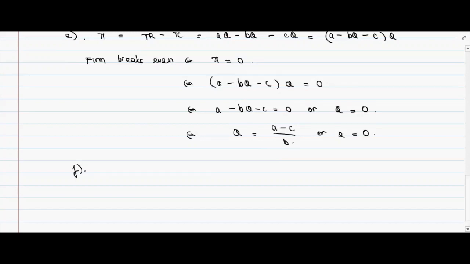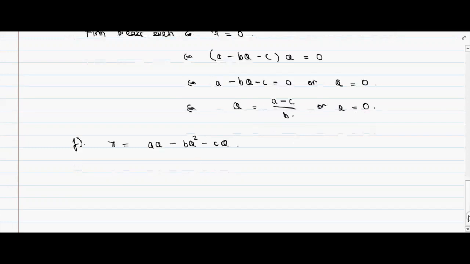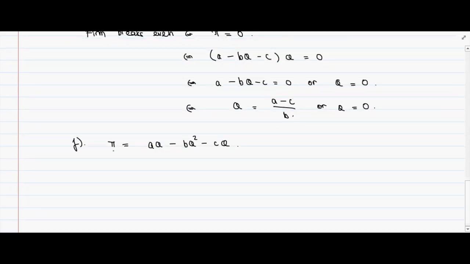Okay, so part F shows that the firm maximizes profits by producing output Q star equal to A minus C on 2B. Again, the profit function is AQ minus BQ squared minus CQ. Now I want to find the level of output Q such that the profit is maximized.